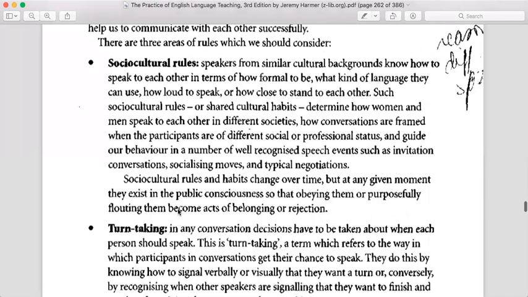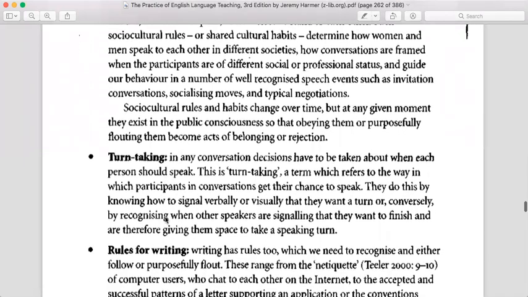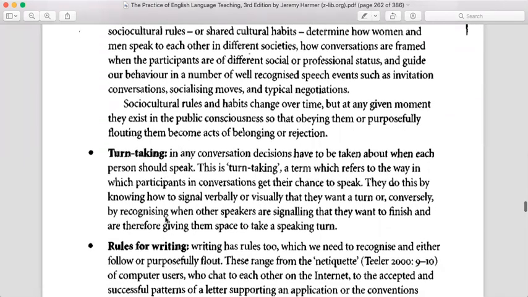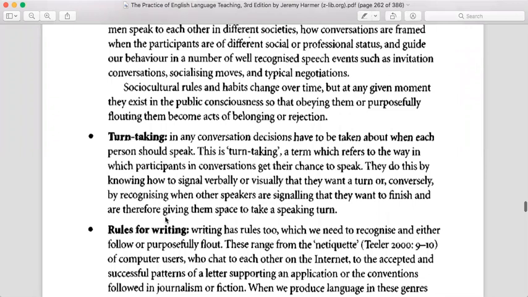Now, the rules of turn taking are also different in different cultures. In our culture, it would be different who would speak first, who would keep the floor occupied for more time, and who has the right to the turn.